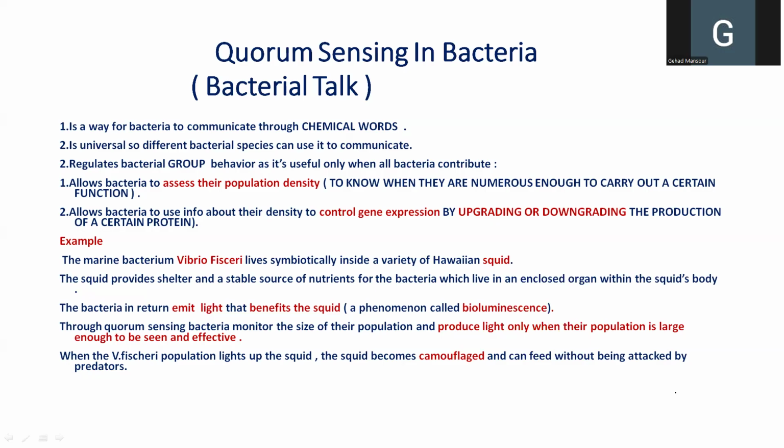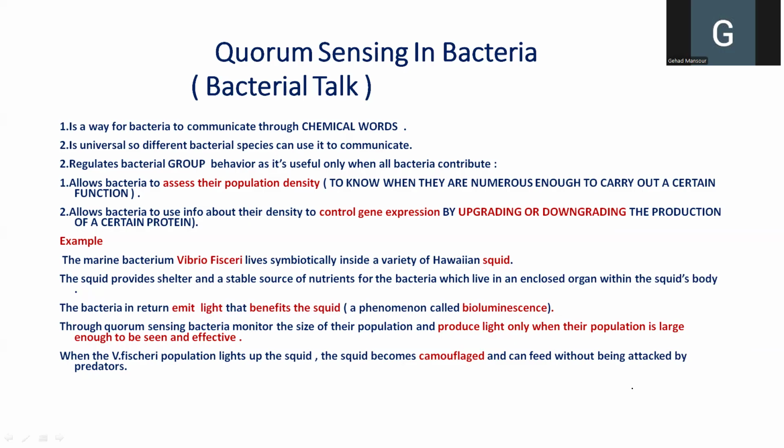because symbiosis is a general name for any relationship between two different individuals. So the squid will provide shelter for the bacteria and a source of nutrients for the bacteria, because the bacteria live in an enclosed organ inside the squid. So the squid provides shelter and nutrition.